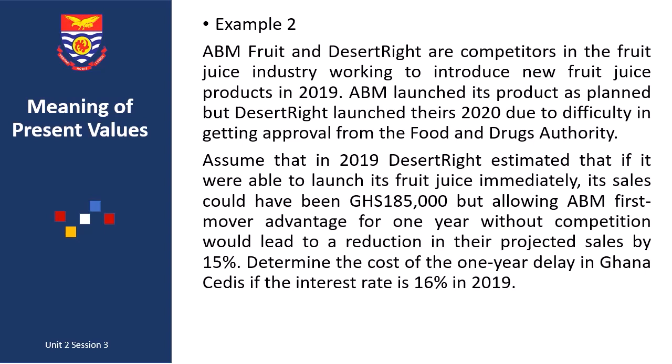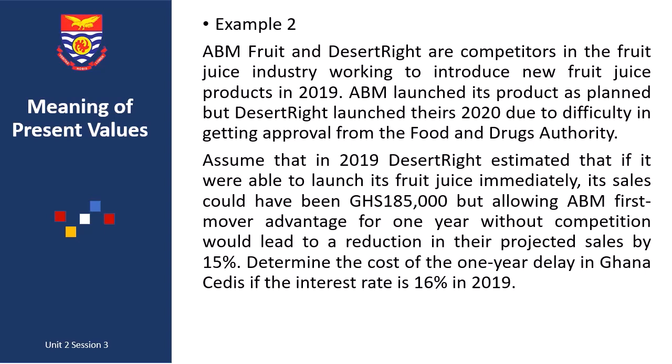So in 2019 they projected to have 185,000, but because they couldn't launch their product while ABM was able to launch, and ABM has a first mover advantage, they reduce their projection by 15% in 2020. I hope you understand the question. All right, so what's the requirement? Determine the cost of the 1 year delay in Ghana cedis if the interest rate is 16% in 2019.